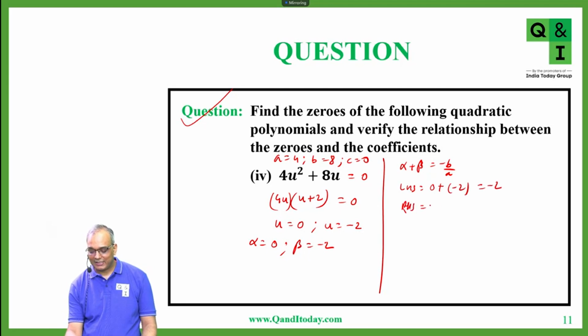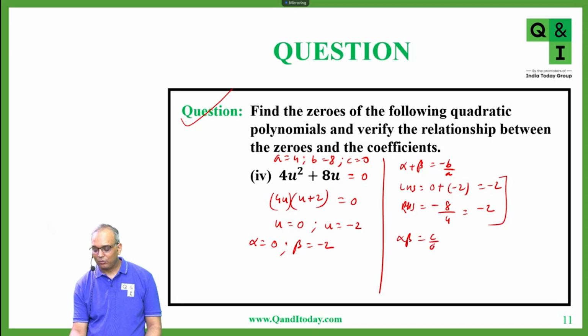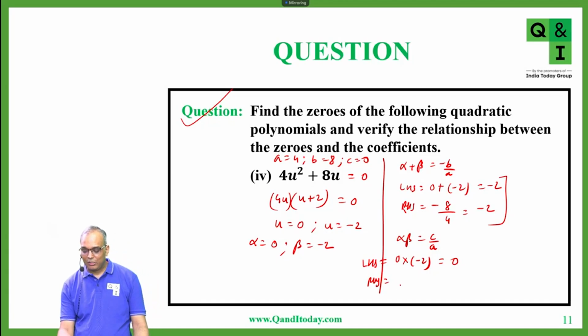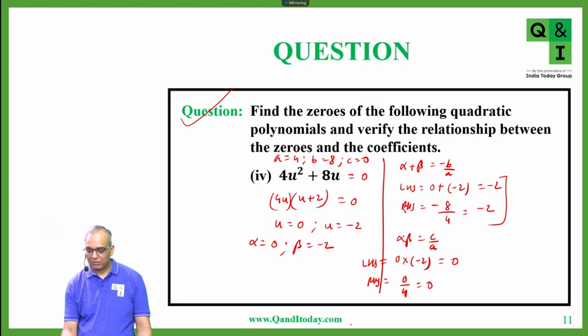RHS is minus b by a, so negative of 8 by 4, that is negative 2. This is verified. Alpha into beta is c by a. So this is 0 into minus 2 is equal to 0. This is your LHS. RHS is equal to c over a, that is 0 upon 4, which is equal to 0.